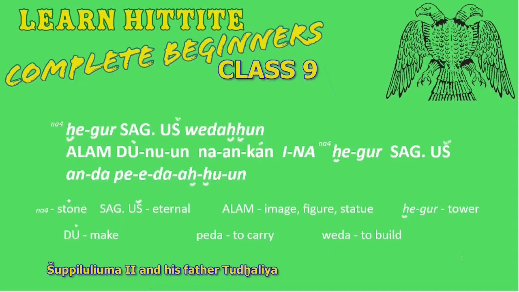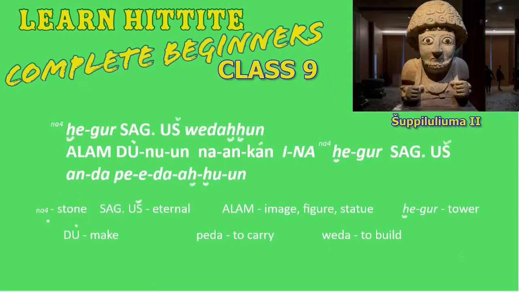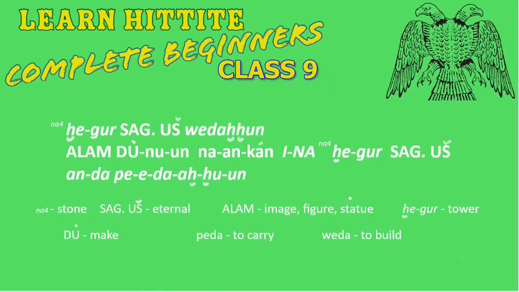Let's have a look at the vocabulary that we will need to understand this small text. Here we have a new determinative for stone. Here we have the sumerogram sagus, meaning eternal. Here we have another sumerogram, alam, meaning image, figure, but probably from context we will understand it as being statue in our text.